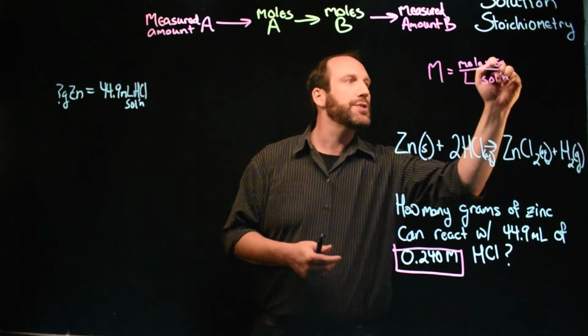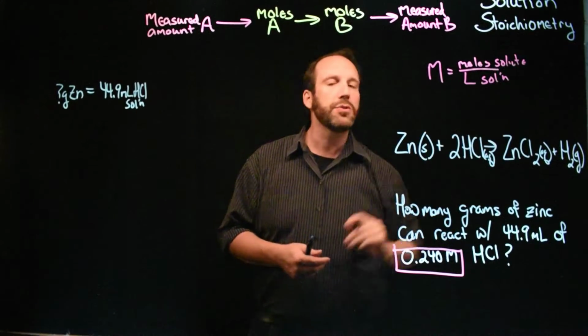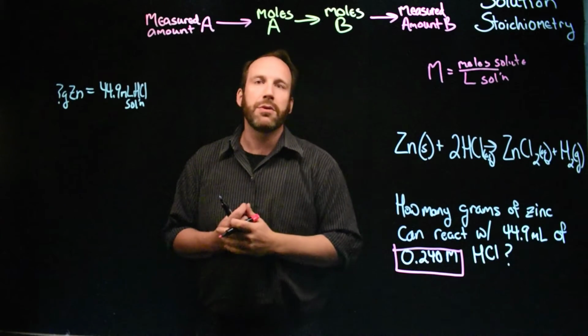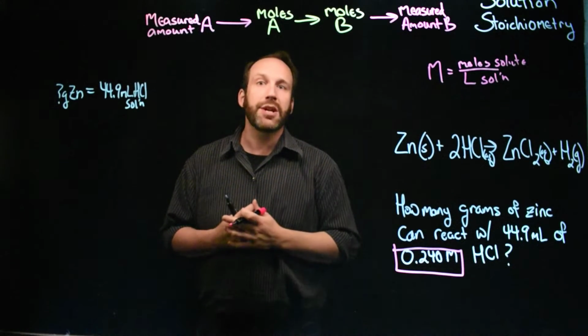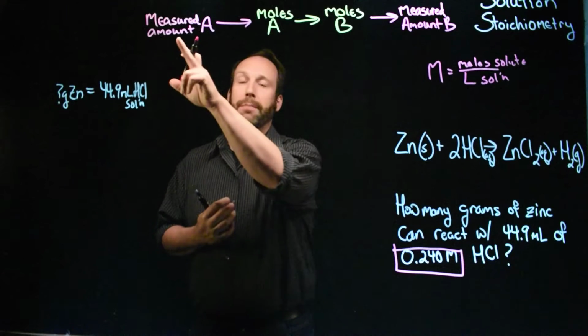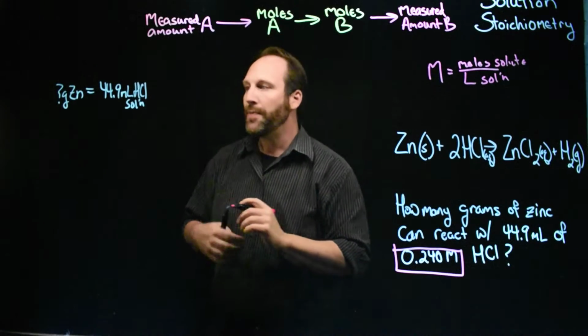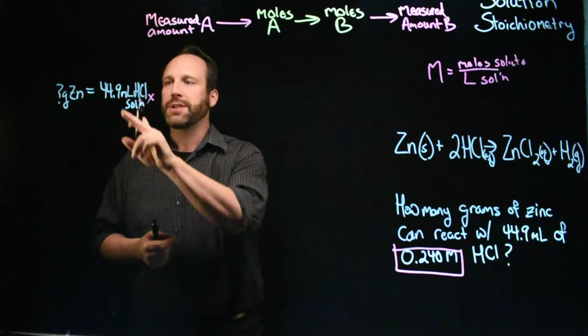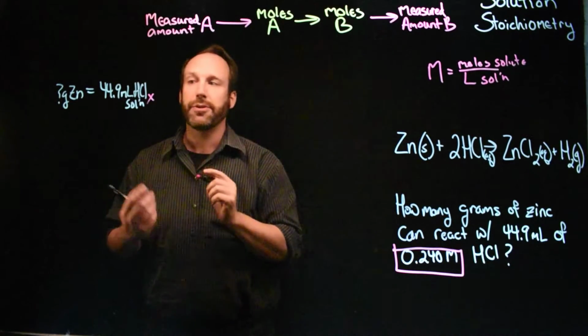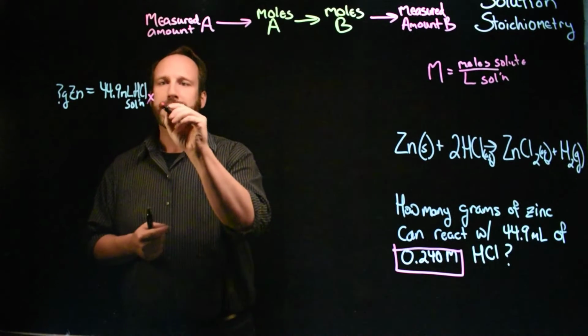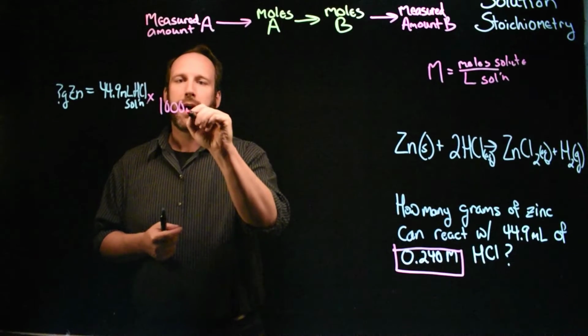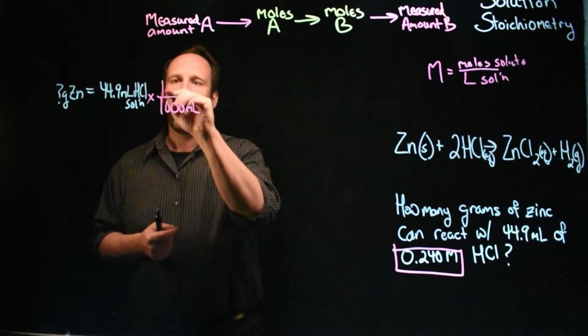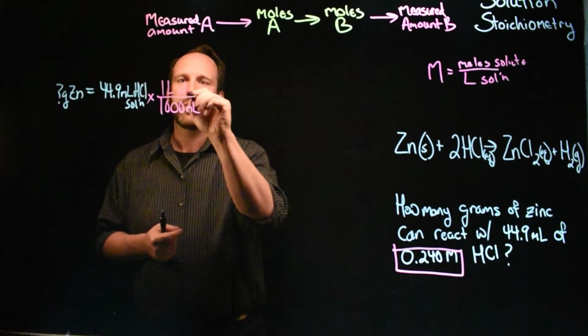That's moles of solute per liter of solution. So this 0.240 moles per liter is going to be our conversion factor to get from a volume into moles. The first step is to convert this milliliters into liters. There are 1,000 milliliters in 1 liter of solution.